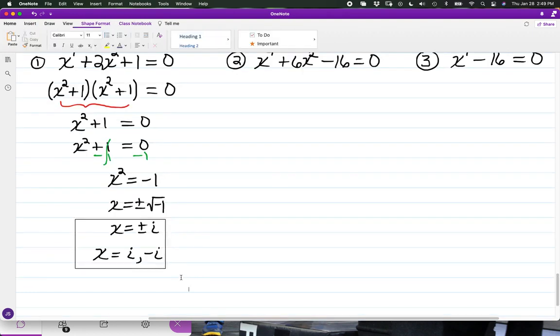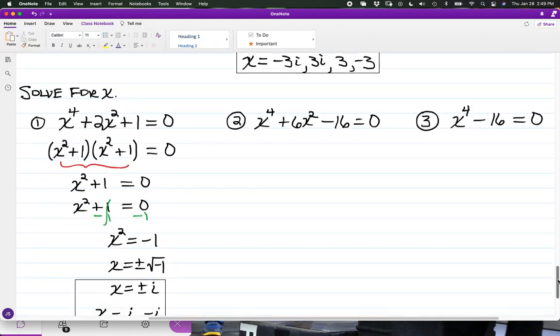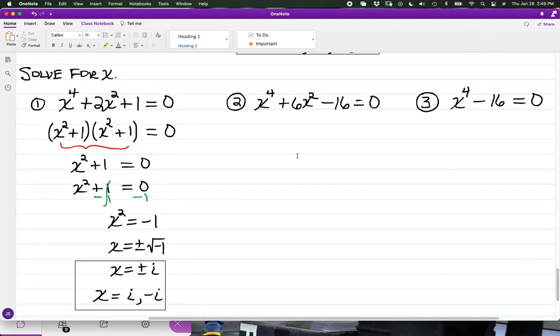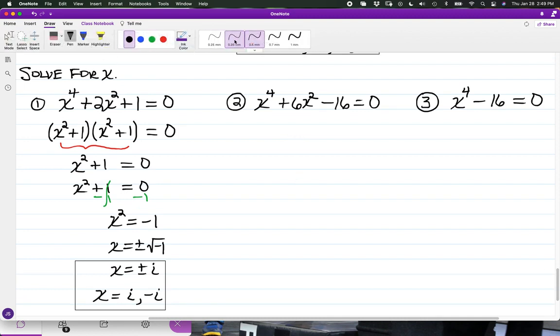Okay. Now for the second problem, we have x to the fourth plus 6x squared minus 16 is equal to 0. And here I can factor this into the quantity x squared plus 8 times the quantity x squared minus 2, is equal to 0.